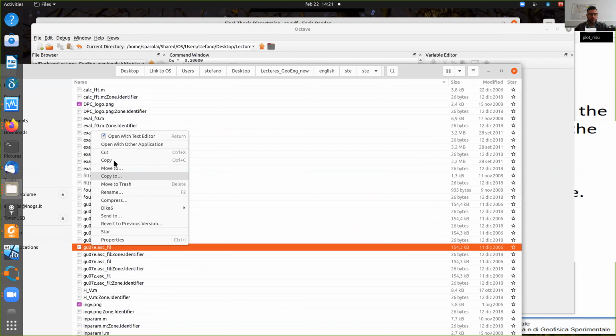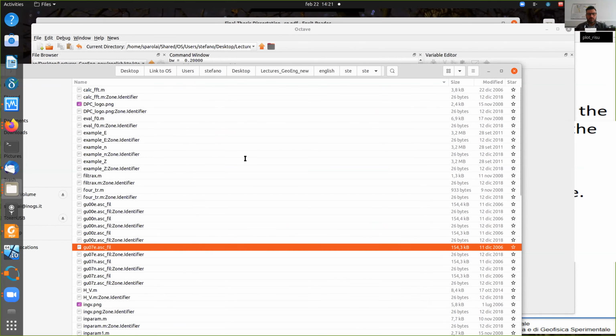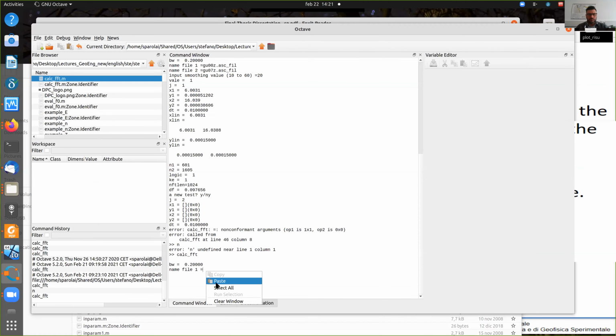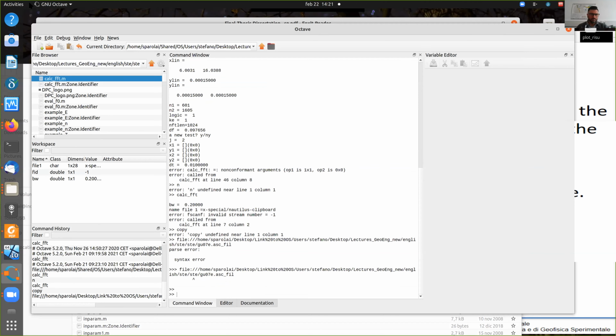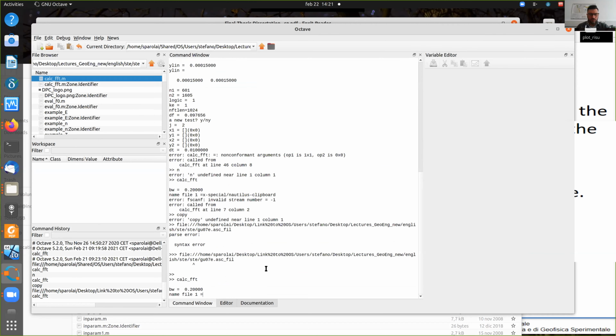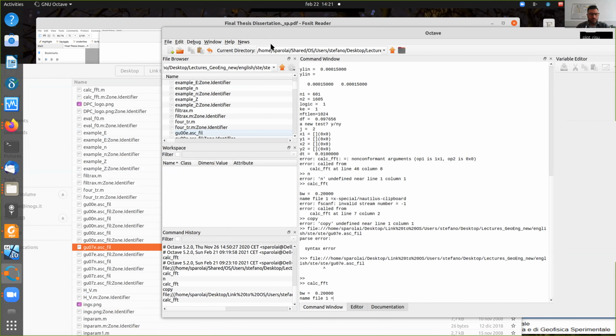So I'm loading in my small code a recording taken exactly from the valley you have seen before. This is for station number 7.